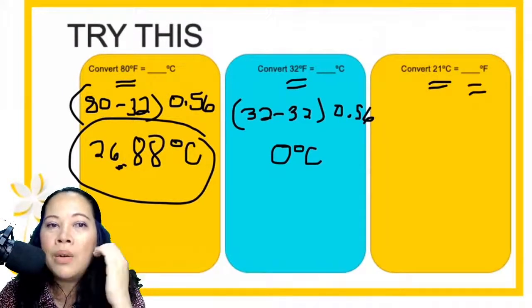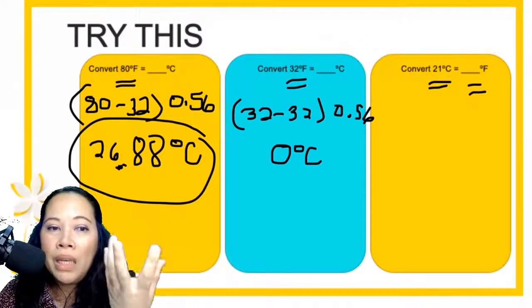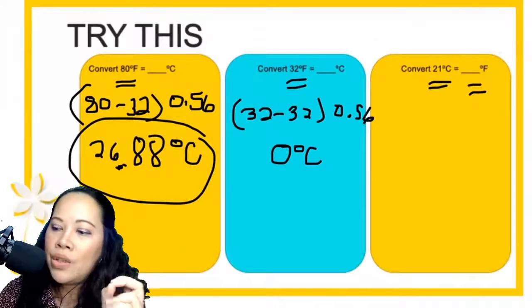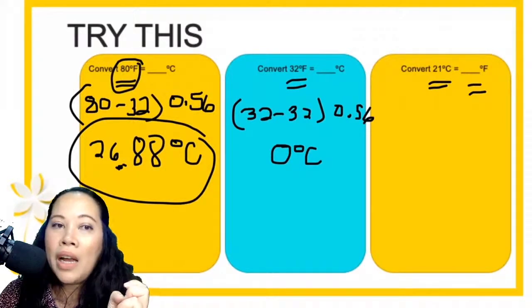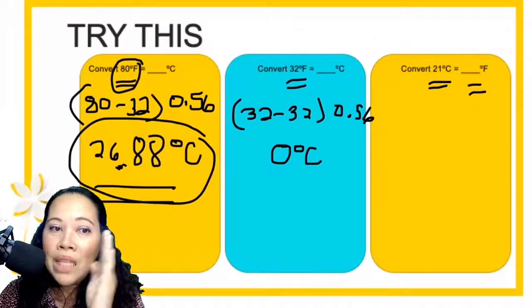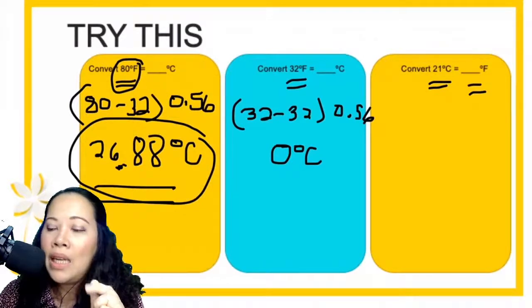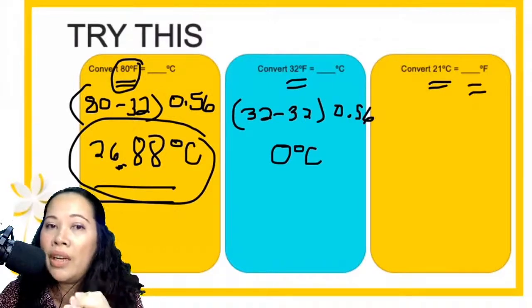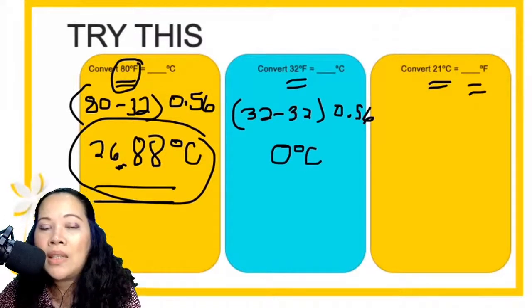So if you notice 80 degrees Fahrenheit, while in degrees Celsius the same temperature reading is 26.88 only. And 32 degrees Fahrenheit means 0 degrees Celsius.